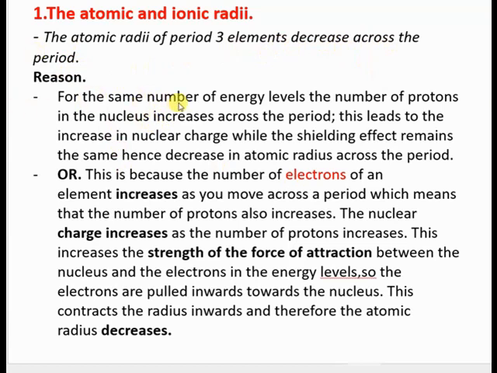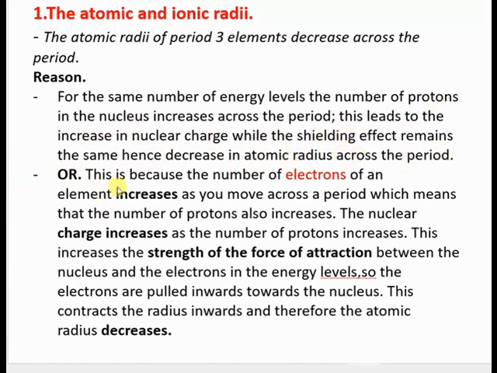For the same number of energy levels, the number of protons in the nucleus increases by 1 across the period. This leads to an increase in the nuclear charge, while the shielding effect remains the same, hence the decrease in atomic radius across the period.